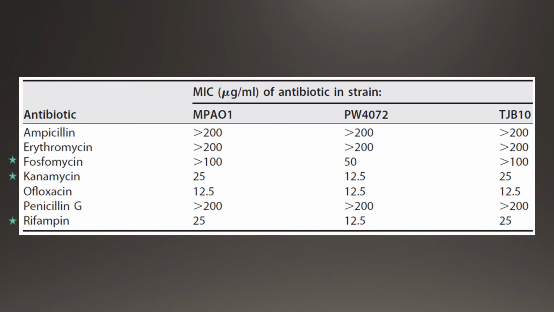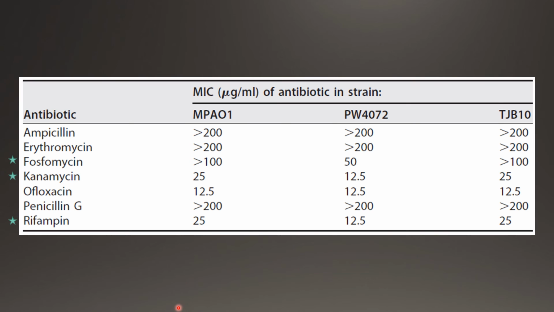So this table shows that the gshA mutant had increased sensitivity to 3 out of the 7 antibiotics that they tested. And these 3 are highlighted by the blue stars, which was fosfomycin, kanamycin, and rifampin.